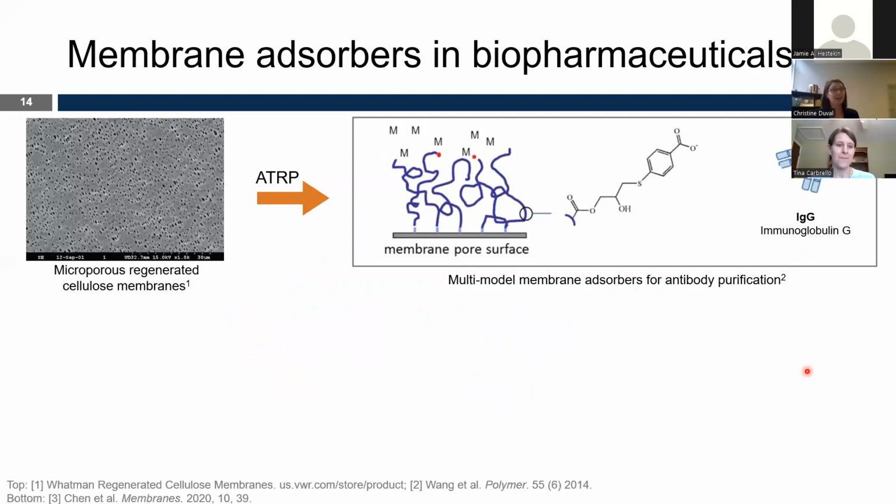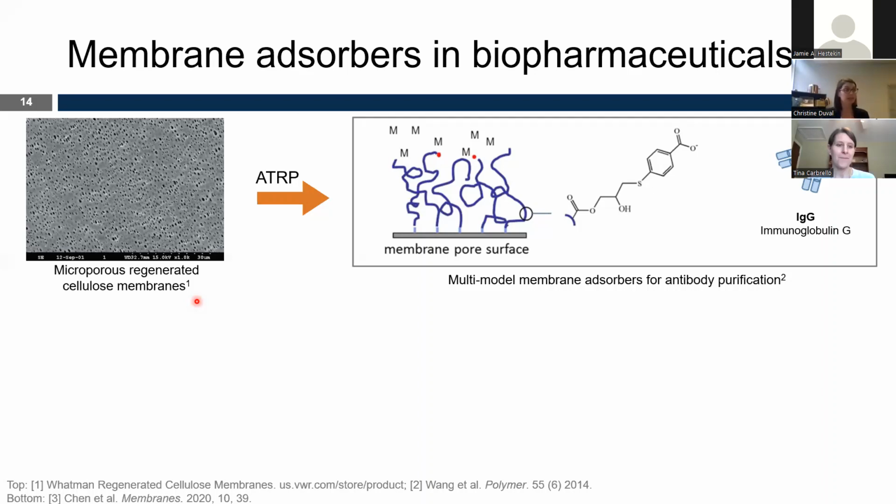Okay, so there's a wealth of options for these technologies that have been in the literature for membrane adsorbers in the biopharmaceutical area. I'm just going to highlight two because this is a nuclear medicine talk, but I just want to give an example of how membrane adsorbers are typically made. So in this first example here, what they did is they took a microporous regenerated cellulose membrane, went through, modified that surface to install surface initiators.